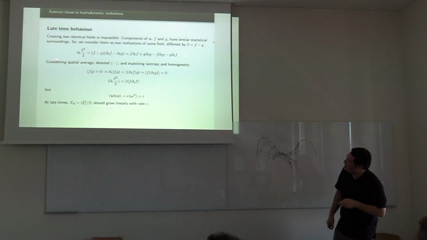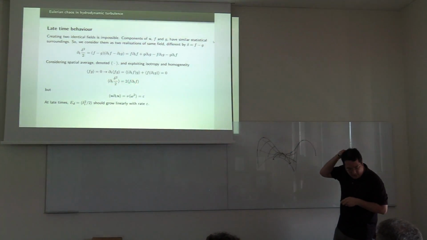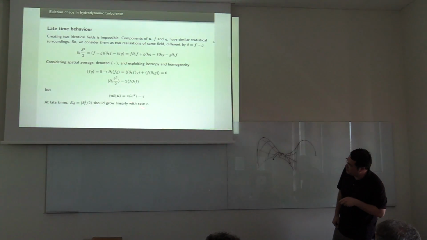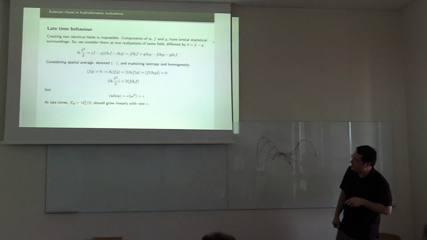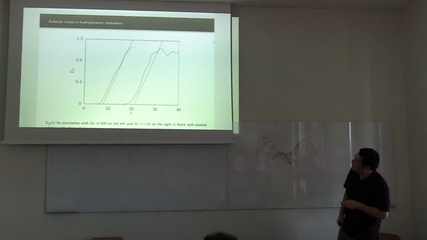And we can generate the prediction that the average change of the error should be this, but from our energy equation, we can note that this is equal to the dissipation rate. So we have a prediction that at late times, the error should grow linearly with the rate given by the dissipation rate.